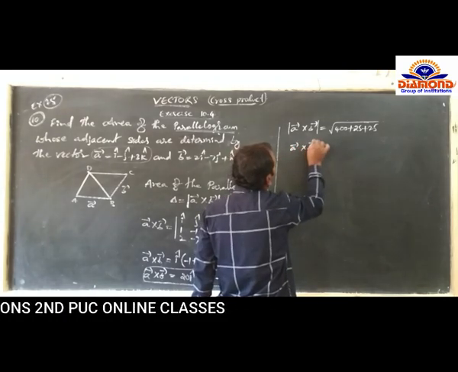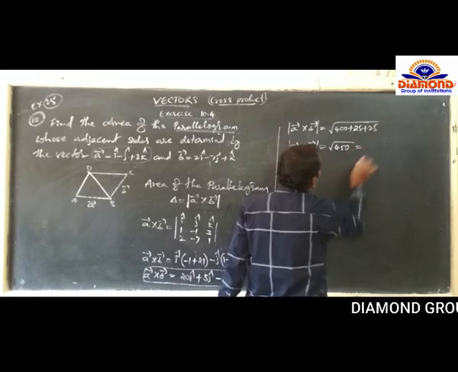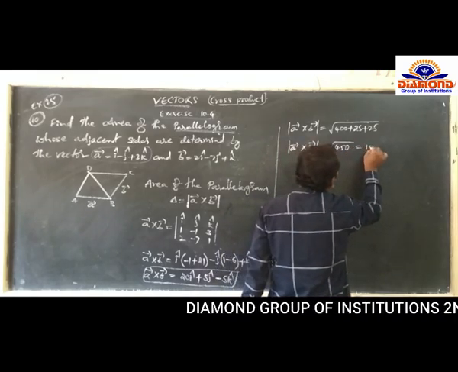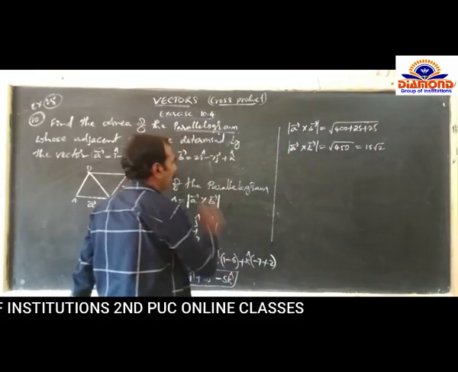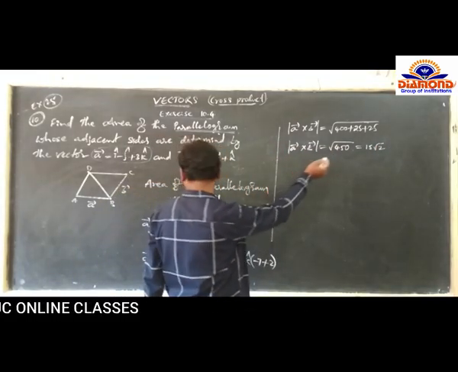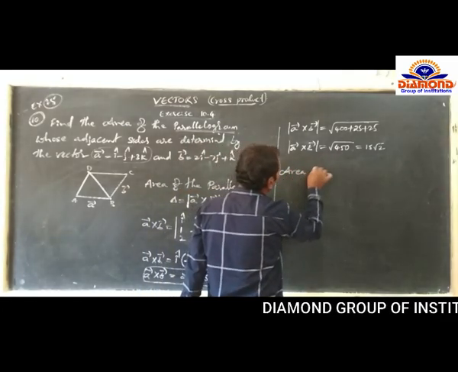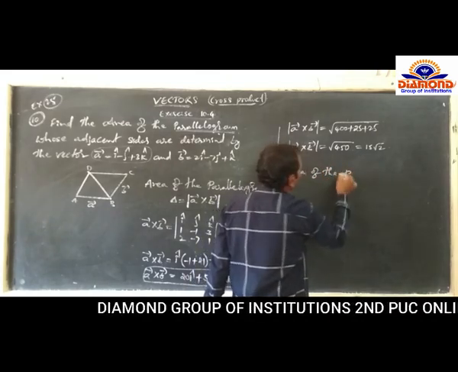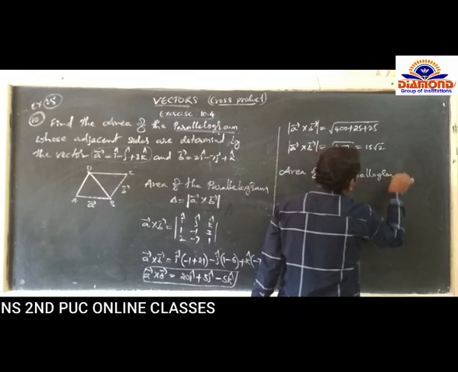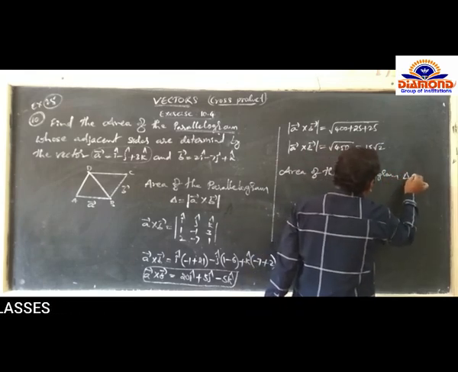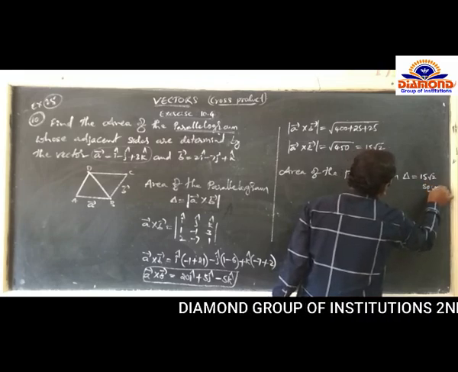The magnitude equals the square root of 450, which is 15 root 2. So the area of the parallelogram, delta, equals 15 root 2 square units.